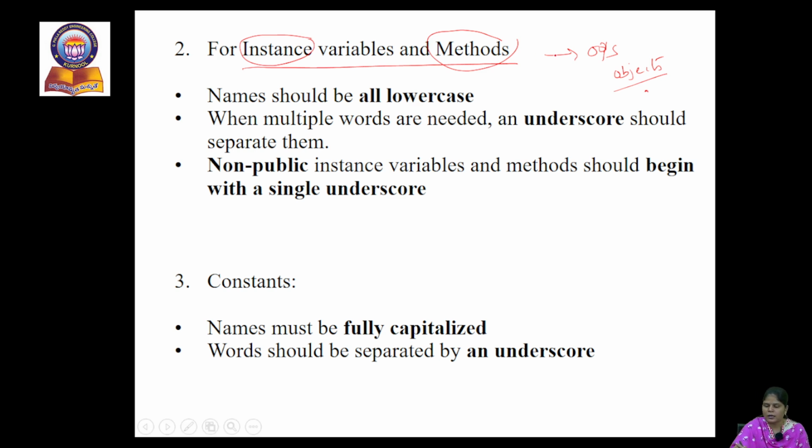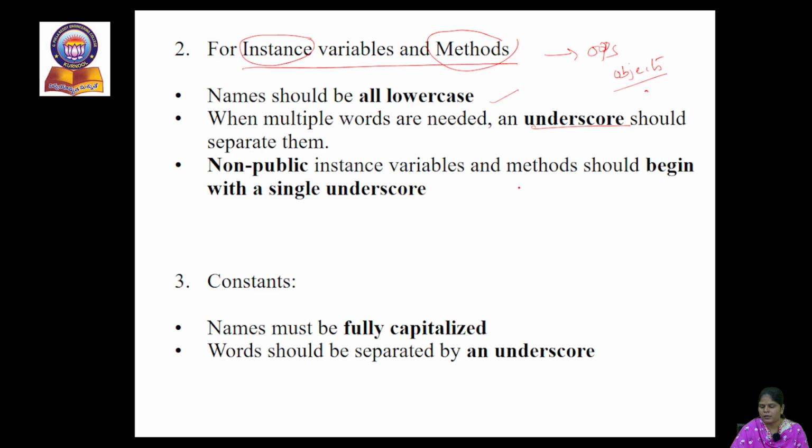So the names should be what? All lowercase. Instance variable and method names should be all lowercase, and if there are names with two words, they should be separated with an underscore, right?